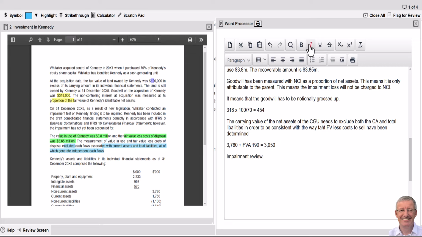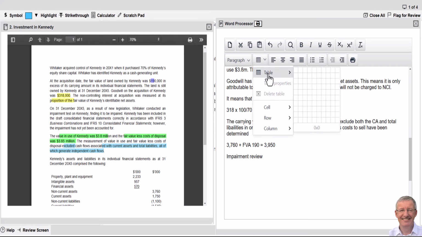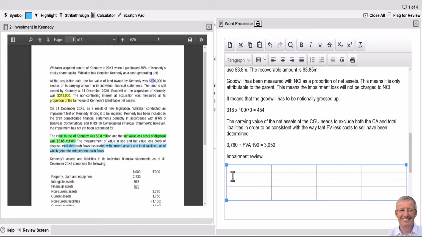Now, I'm going to do the impairment review process, and just to give me a little bit of presentation, I am going to do this in a quick little table form. If you really wanted to, you could do it as part of the pre-populated spreadsheet. That's fine. So we've got the carrying value of the assets, 3950, and these figures, if you want to be neat about it, are in thousands.